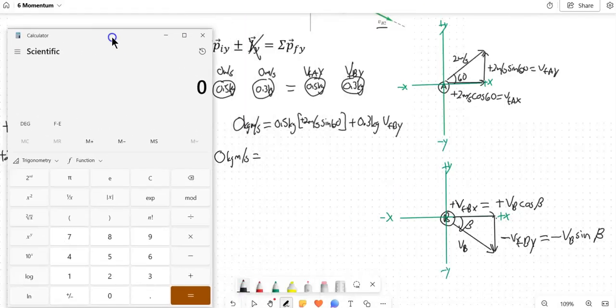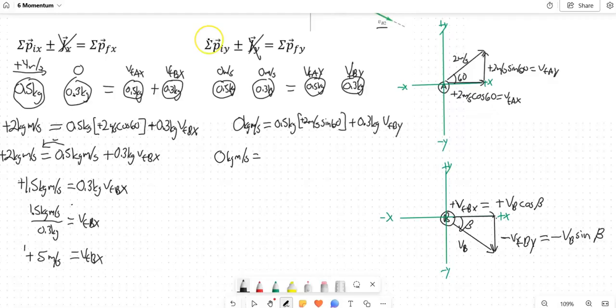So that's just going to be 0.866 kilogram meters per second. How I got that: 2 divided by 2 is just 1.